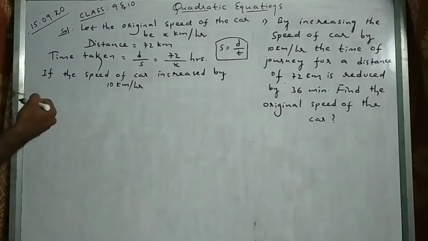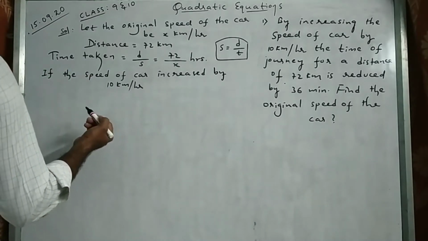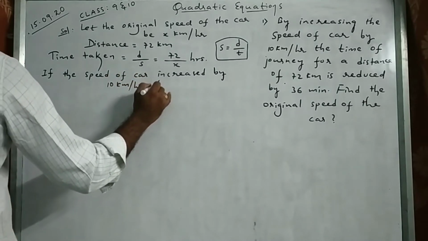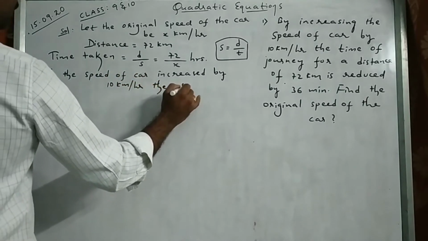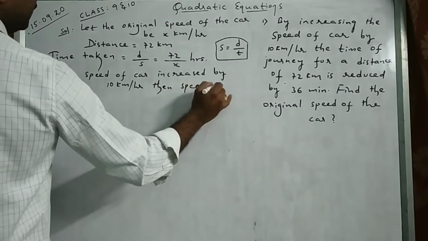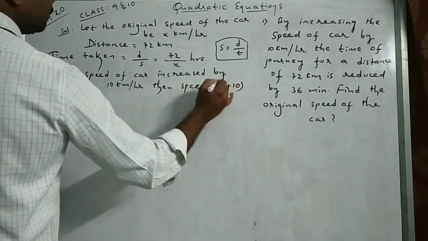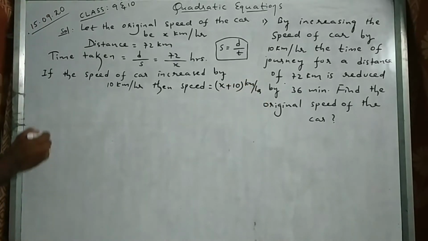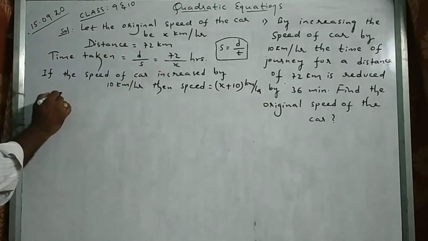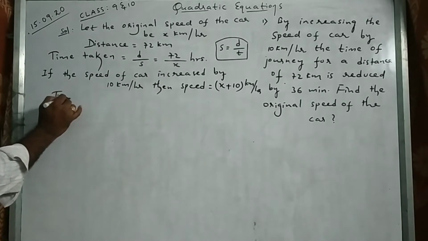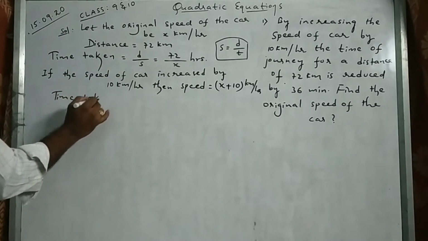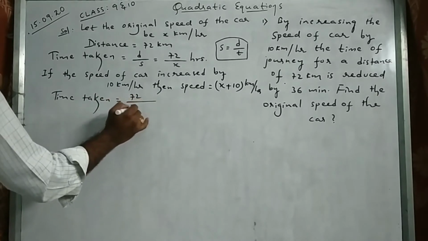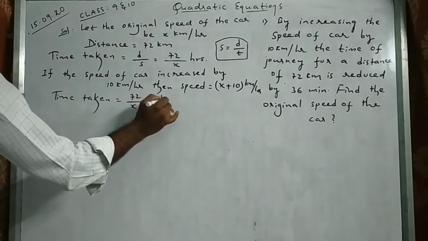It takes less time to reach the destination. So the speed, previously x, is now increased by 10: speed is x plus 10 kilometer per hour. Distance is the same, no change. Now again time taken is equal to distance by speed, 72 upon x plus 10 hours.